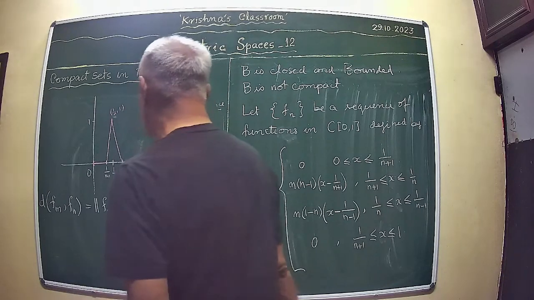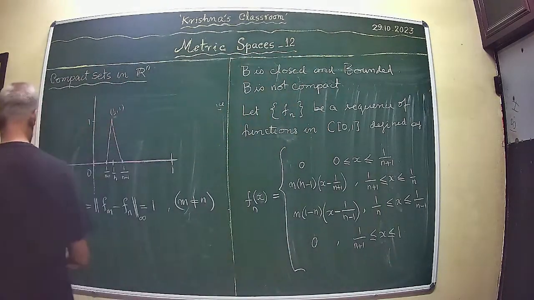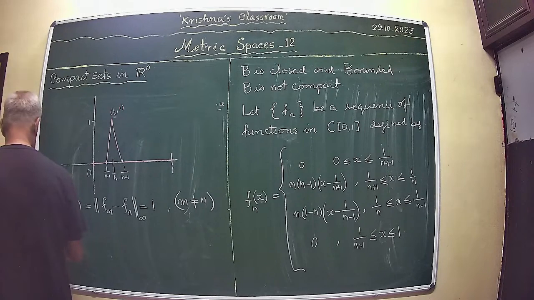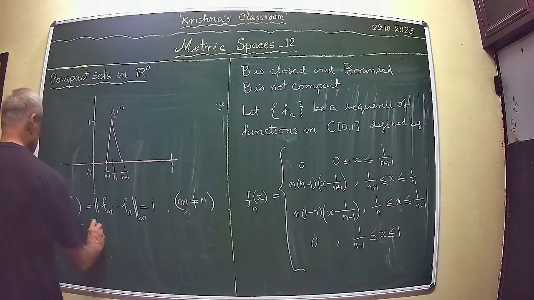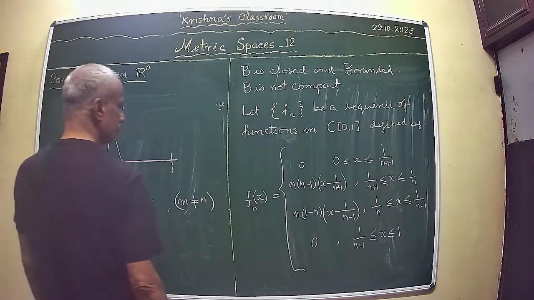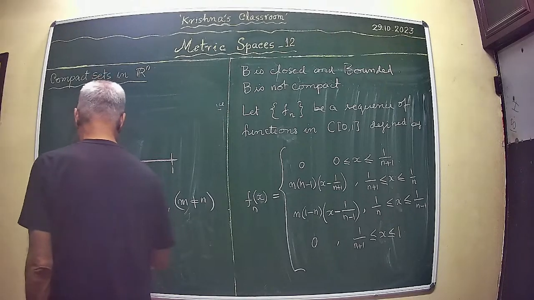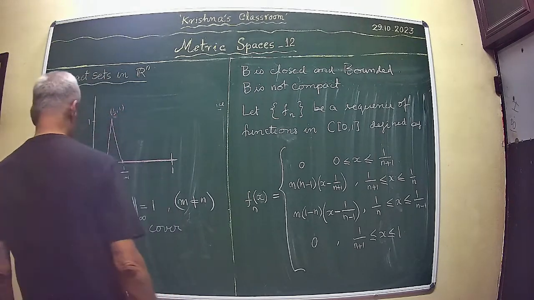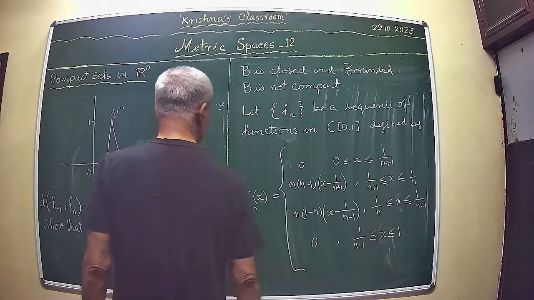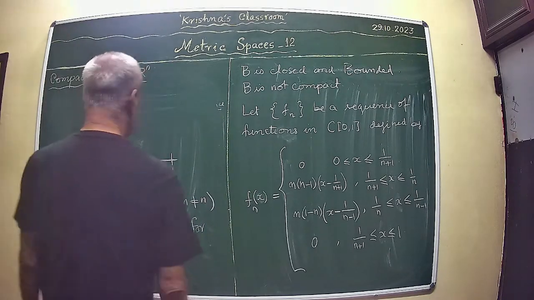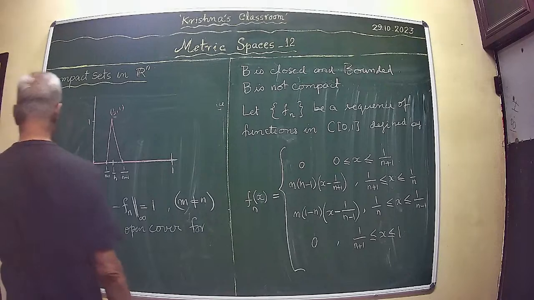Now you can use this technique to show that there exists an open cover for B. What is this collection? B is contained in the union.